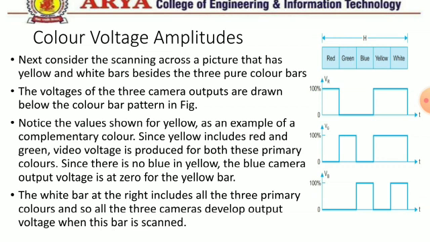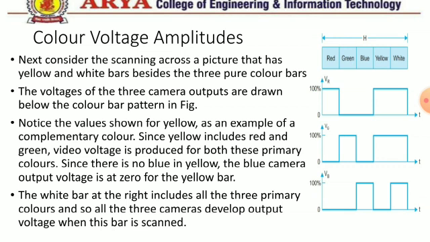Next, consider the scanning across a picture that has yellow and white bars besides the three pure color bars. The voltages of the three camera outputs are drawn below the color bar pattern in the figure. Notice the values shown for yellow as an example of a complementary color.